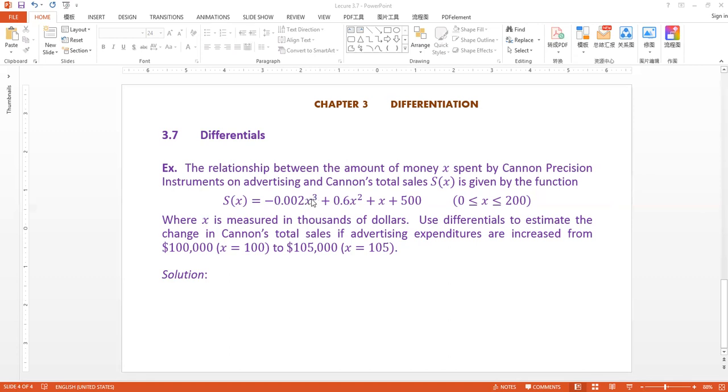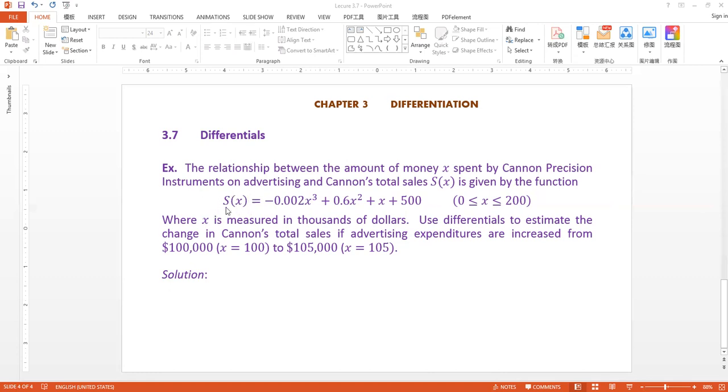So this tells how much sales you get when you spend the X amount of money, where X is between 0 and 200 in $1,000. So X is measured in thousands of dollars. All right, so when you spend some money, you get an increase in the sales.